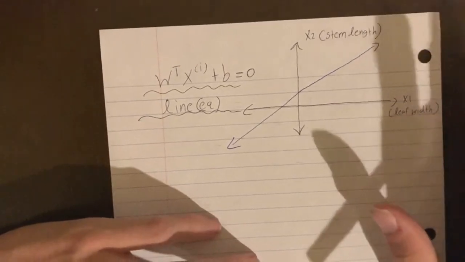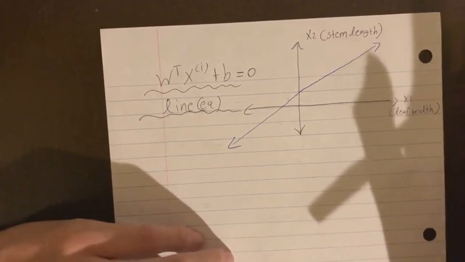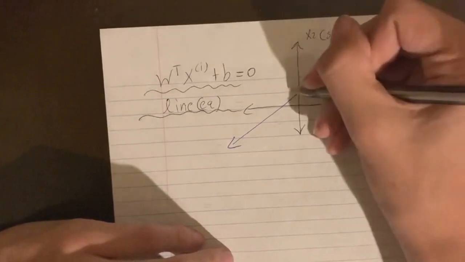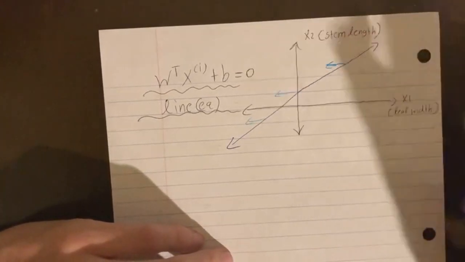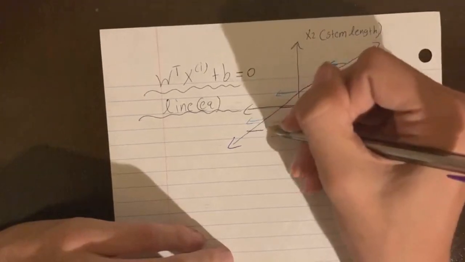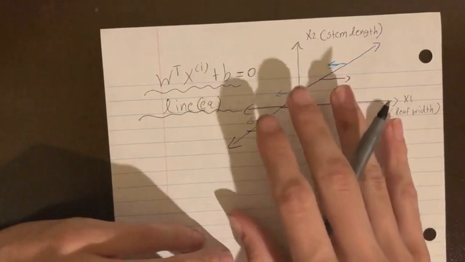All right, so what I said earlier is, how do we mathematically determine if a point x1, x2 is to the left of the line or to the right of the line? How do we do that? Well, I think it'll help if you understand this definition of the line.